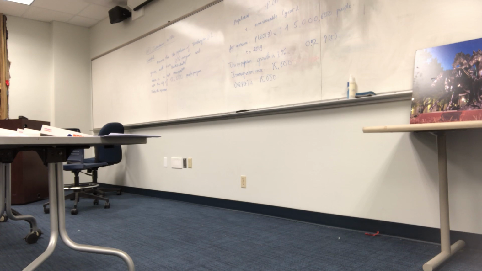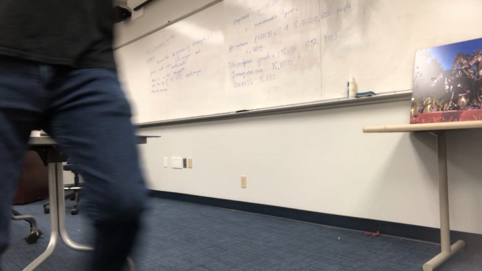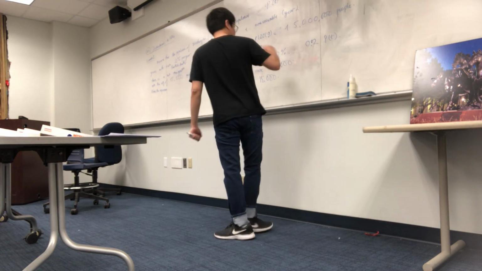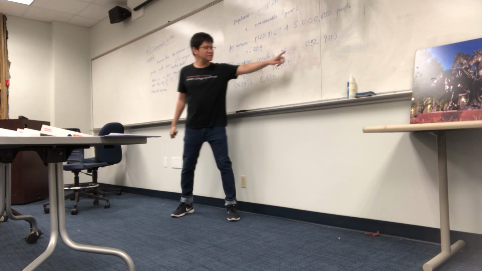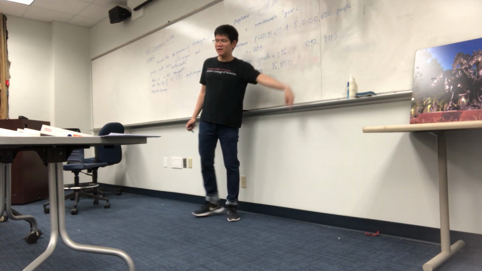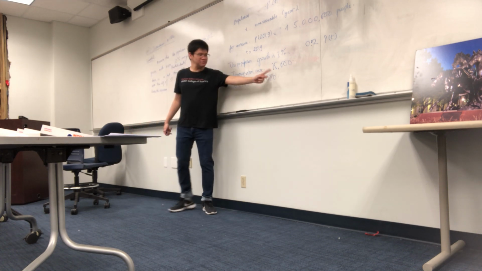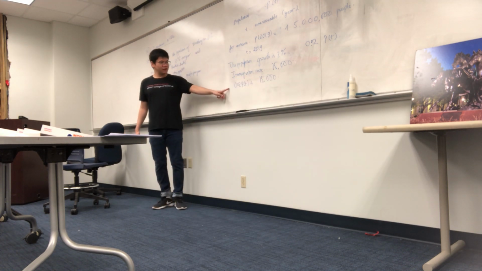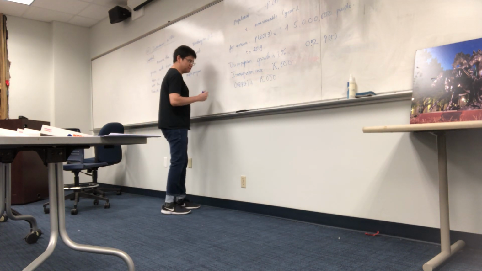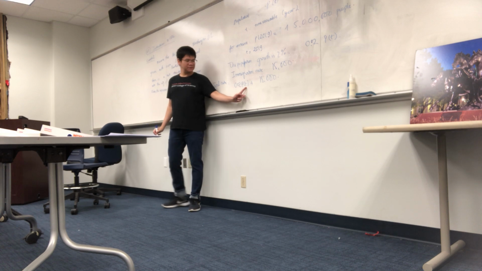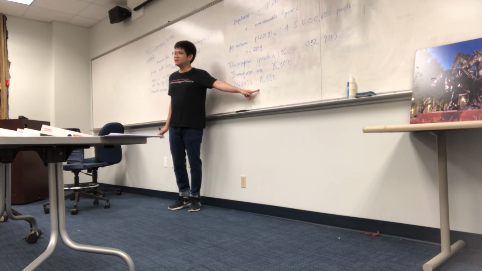All right, so I made a mistake. 2% is 0.02. So the growth by birth and death is 0.02 P, and the number of people coming into the city every year is 15,000. So the total rate will be 0.02 times P of T plus 15,000.